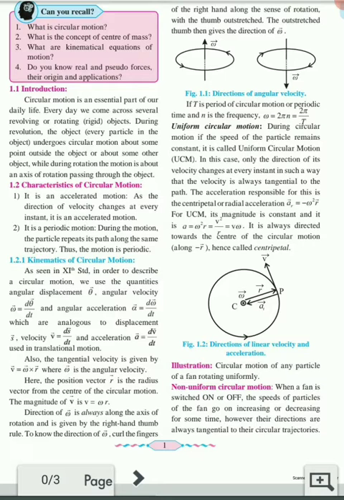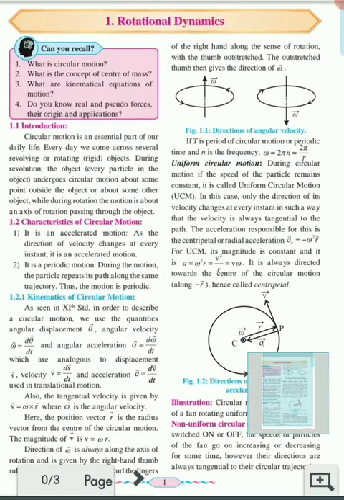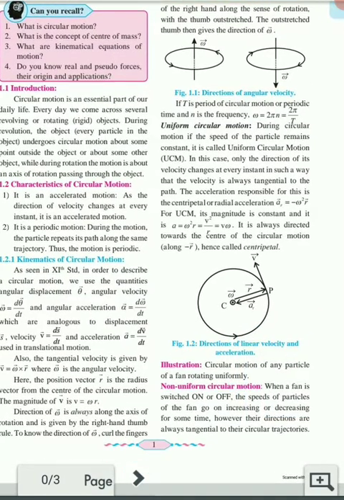In linear motion, any object moves along a straight line, and we consider a number of parameters like linear displacement, linear velocity, and linear acceleration.